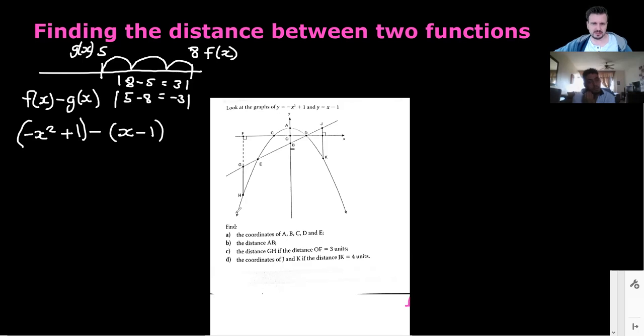So in other words, the blue one is the parabola and the orange one is a straight line. So if I minus them from each other, I will get the distance between the graphs.